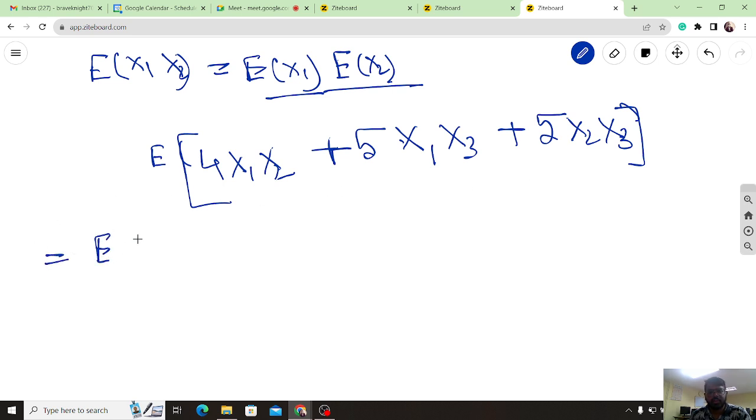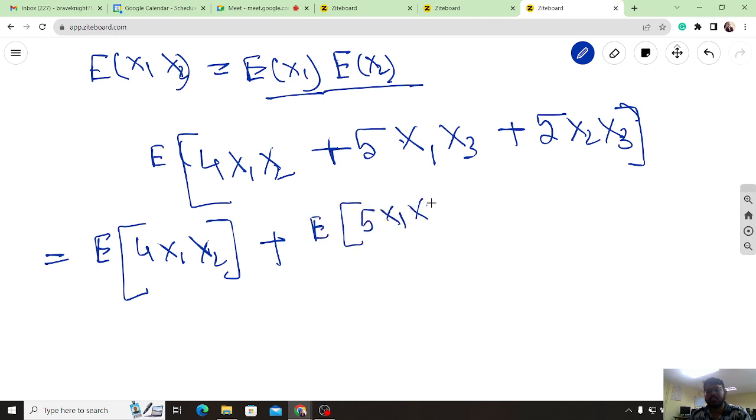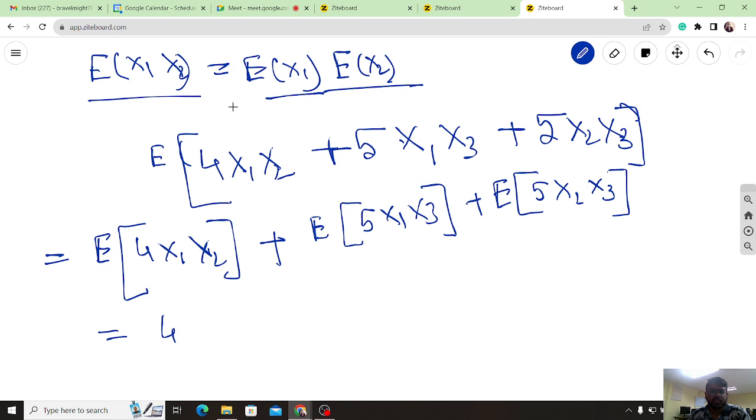So I can individually take out all the elements. Expected value of 5x1x3 plus expected value of 5x2x3, and from here I use this property again: if x1 and x2 are independent, then I can write it in the following way.